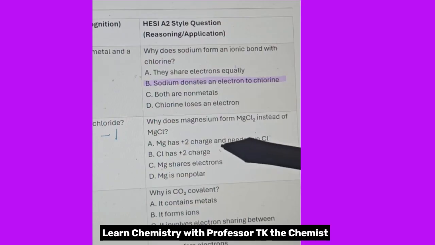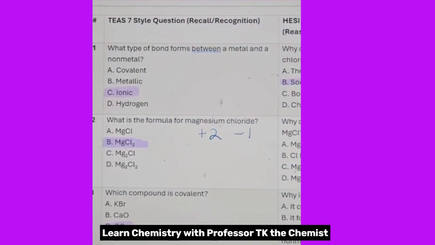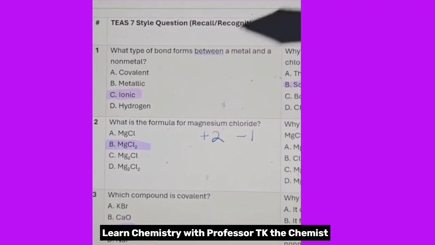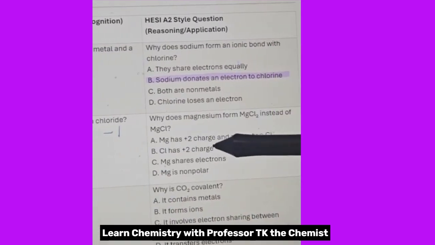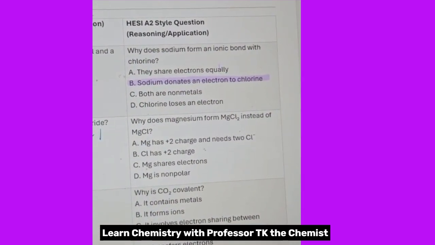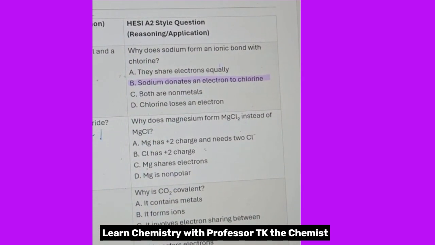Number 2, why does magnesium form MgCl2 instead of MgCl? Because some of you may have chosen A from the last time, but look, they're asking you why. And I kind of gave you the hint when I switched the screen over.